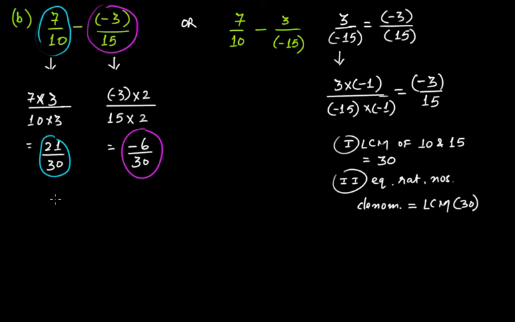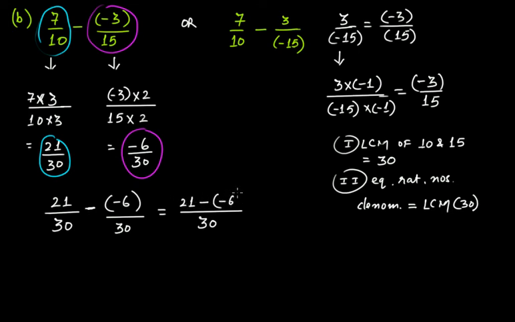So this is 21 over 30, then minus, and this is minus 6, so keep it within the bracket, then 30. Now the denominators are same. That's the benefit of taking LCM. So this is 30. This becomes 21 minus, within the bracket, minus 6.